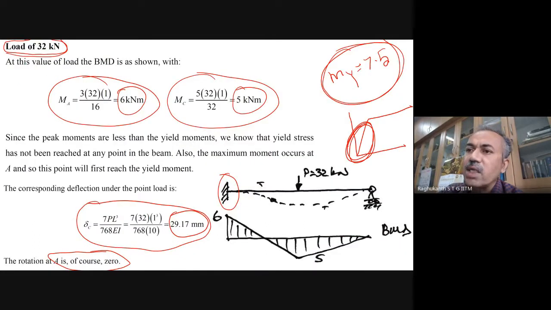If we calculate the bending moment at A and the bending moment at C, this is the original diagram for a load of 32 kilonewtons, and this is the deflection basically. Okay. Now for this load, of course, both MA and MC are less than MY, because MY is 7.5. So everything is perfectly fine. Still the whole beam is in the elastic range itself.